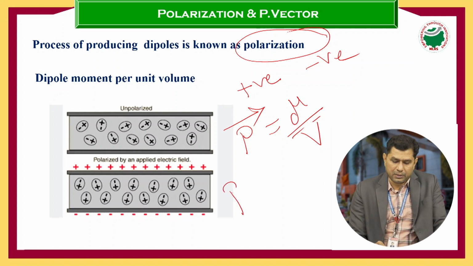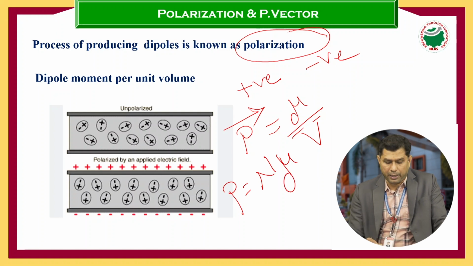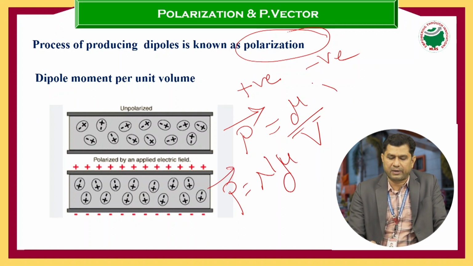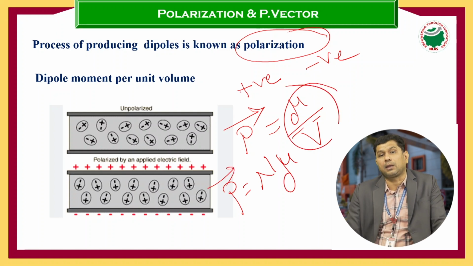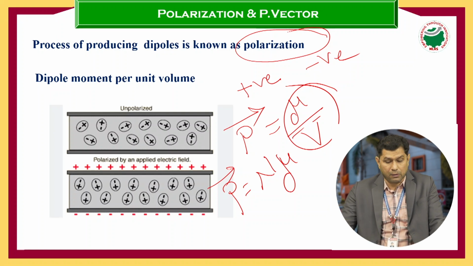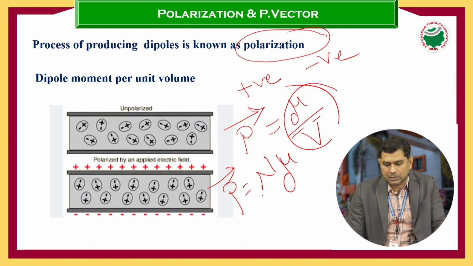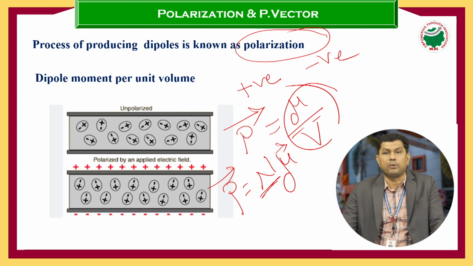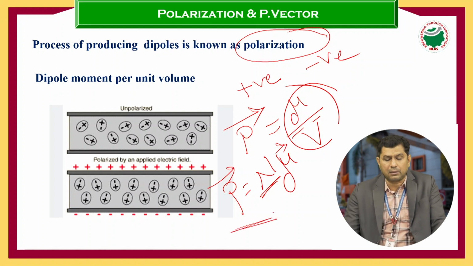From the physical equation point of view, we write P equals N mu. For definition purposes, we say dipole moment per unit volume. While writing the equation, N is the number of dipoles and mu is the average dipole moment. The number of dipoles times the average dipole moment gives the polarization vector.